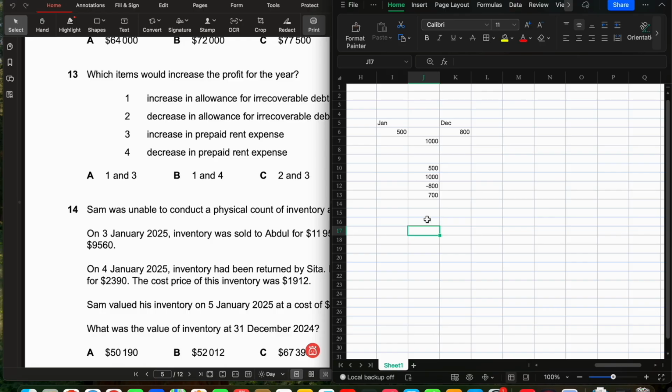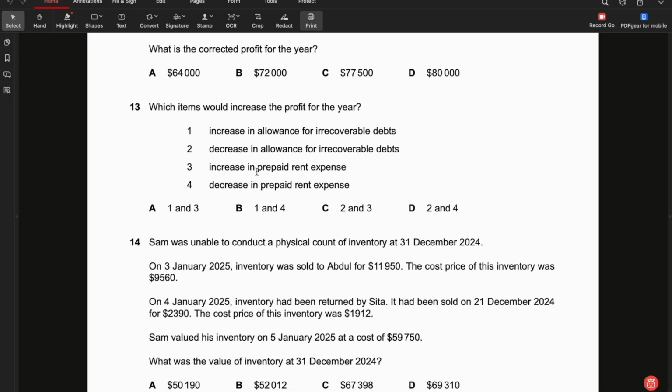Because it will decrease my expense, my profit will increase. When prepaid rent increases, my profit increases, because we paid expense in advance, and when we subtract that from the expense, overall expense will decrease. So your correct answer for question number 13 is C, 2 and 3.